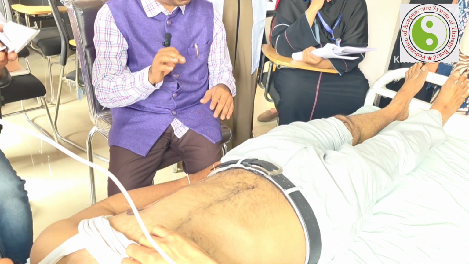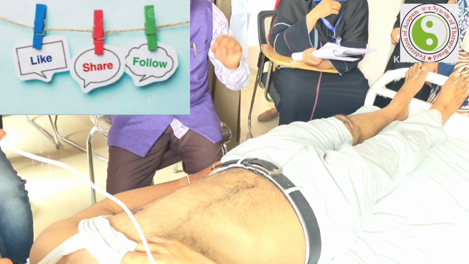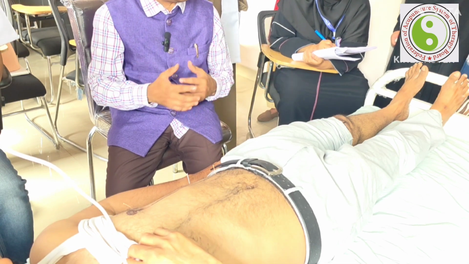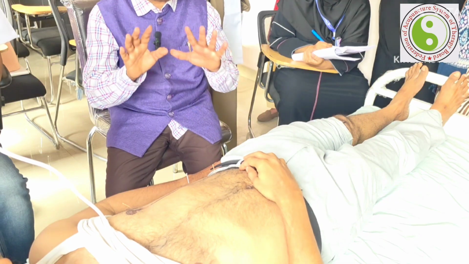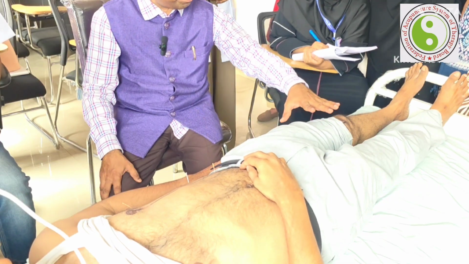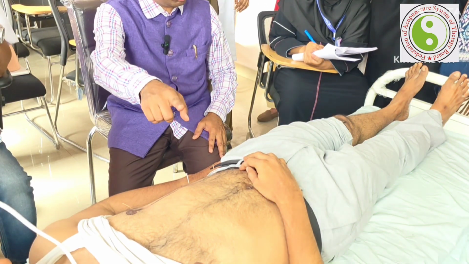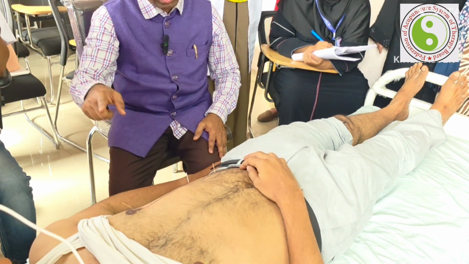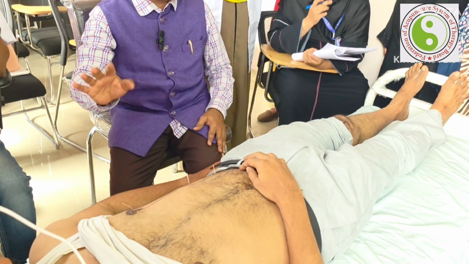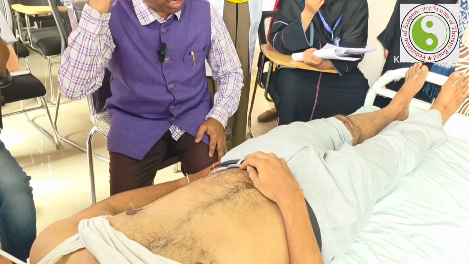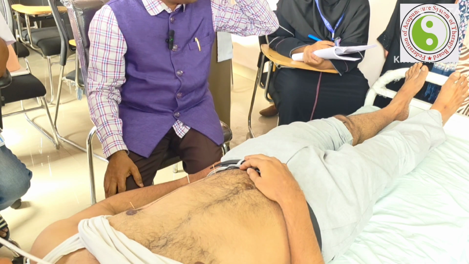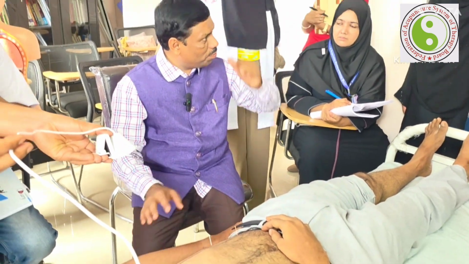For all the types of spleen disorders, you can use Shidou. Spleen 17 is a good point whenever there is a lymphatic system, drainage system or metabolism problem, any spleen related problem, spleen pulse deficiency, or diabetes mellitus. On the right side you just use it, but on the left side you can treat spleen problems successfully by using this particular point. Spleen 17 for all spleen problems. Which point do you need to remember? Spleen 17.